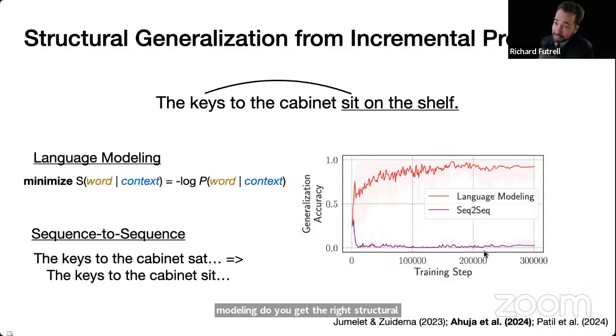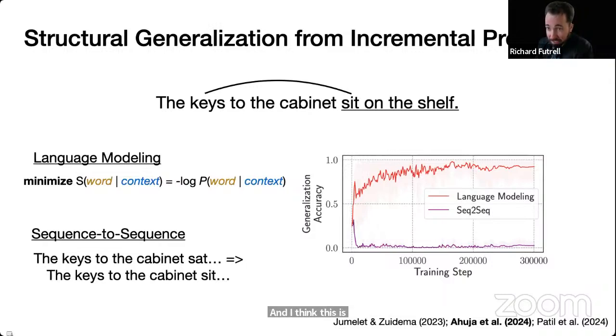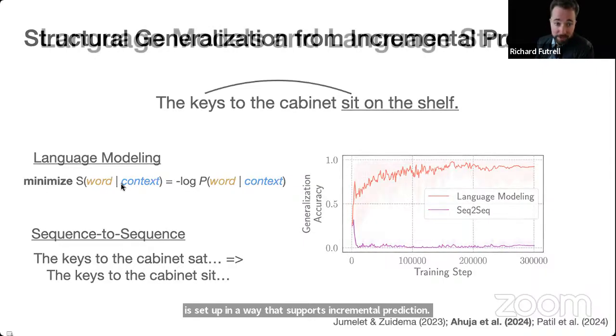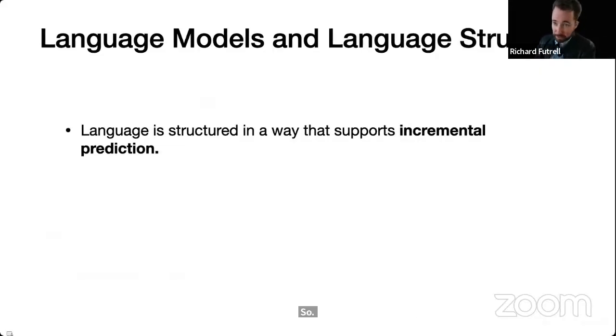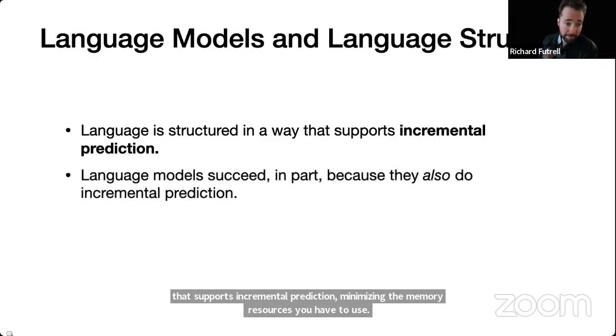And I think this is because, as we've discussed, the structure of language is set up in a way that supports incremental prediction, which is the task here, the same task that language models are usually doing when they're trained. Previously, we saw that language is structured in a way that supports incremental prediction, minimizing the memory resources you have to use during incremental prediction.